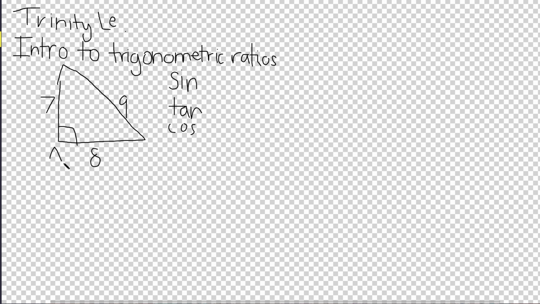Let's say this is A, this is B, and this is C. So how we're going to figure this out is say that all of these want to see the ratios for B. So how do we find sin, tan, and cosine?